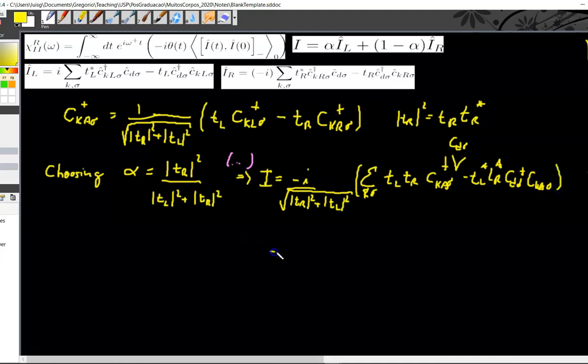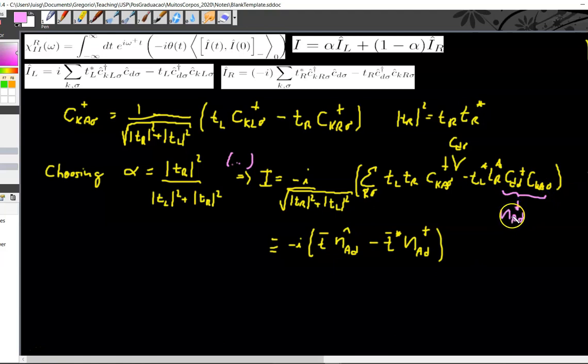And this I will define as minus i times T bar times the number operator of C_{Ad}, which is this combination: C_{kA} dagger C_{d sigma} minus T bar star C_{d sigma} dagger C_{kA sigma}.